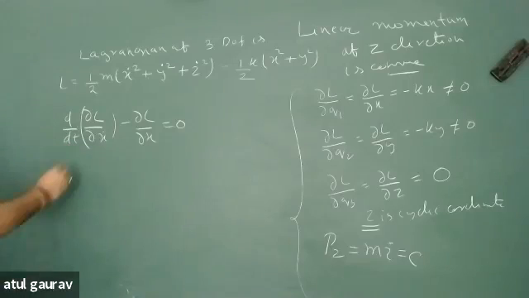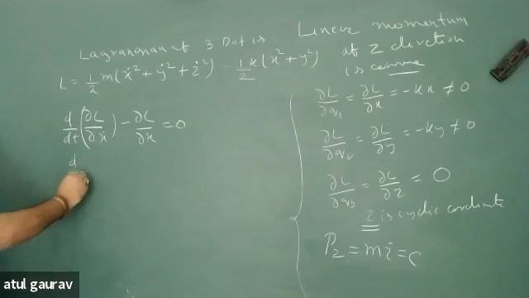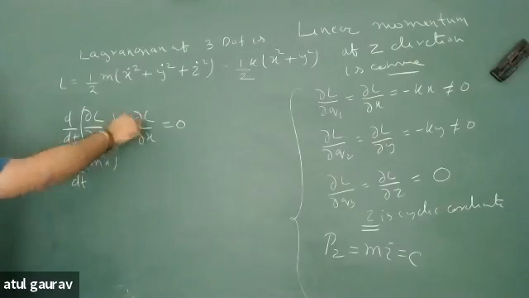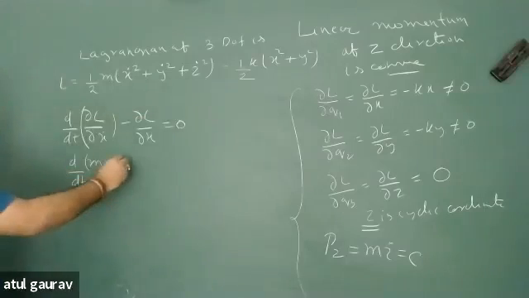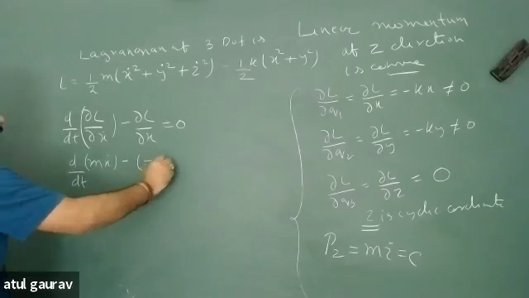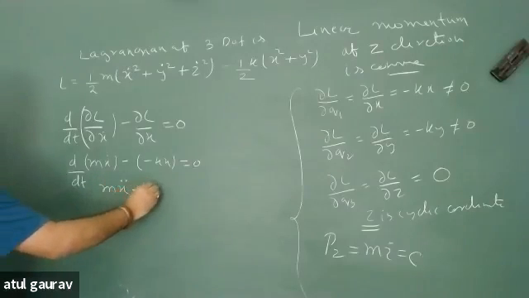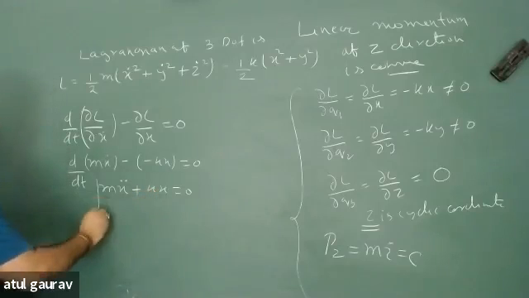So when you put it here, d upon dt m x dot, and del L upon del x is equal to minus kx. So minus kx is equal to 0, and this is m x double dot plus kx is equal to 0.